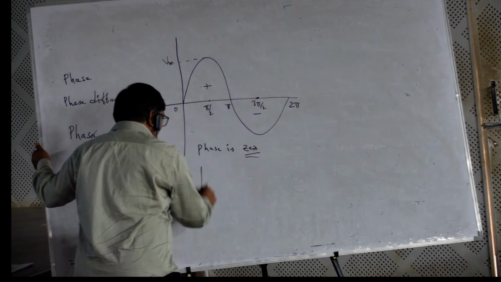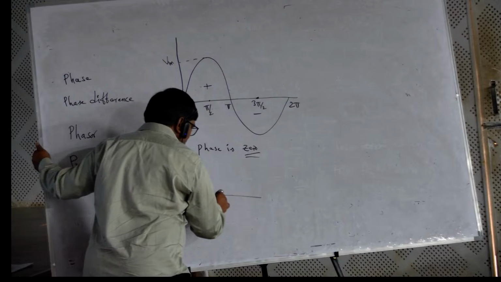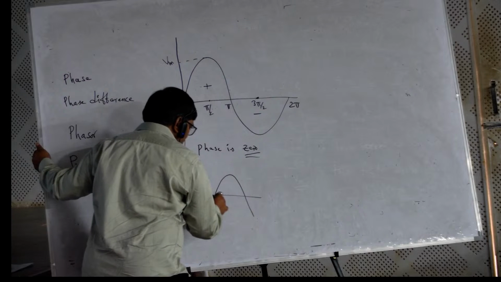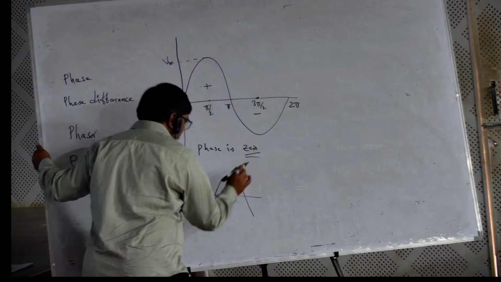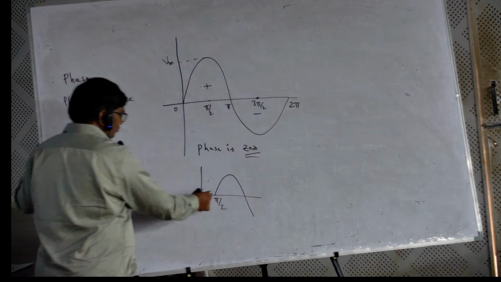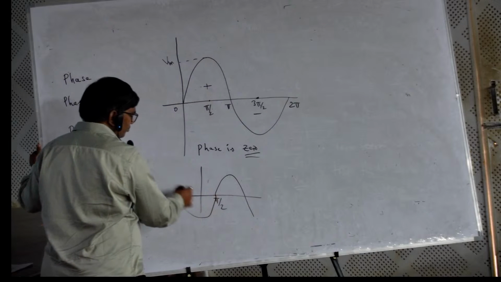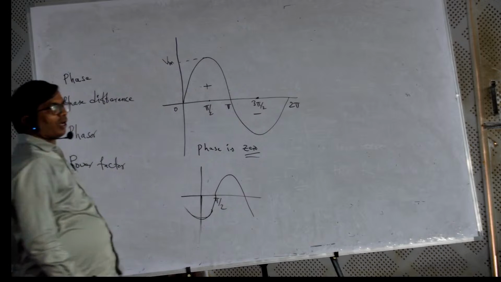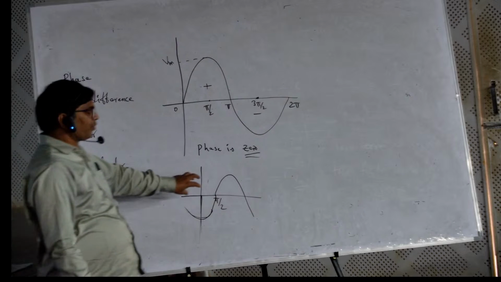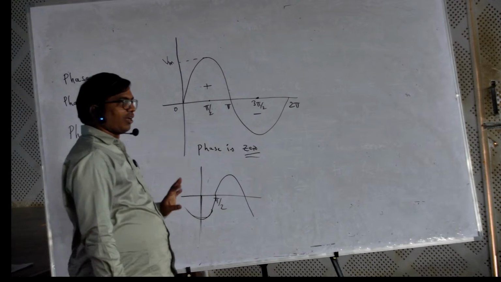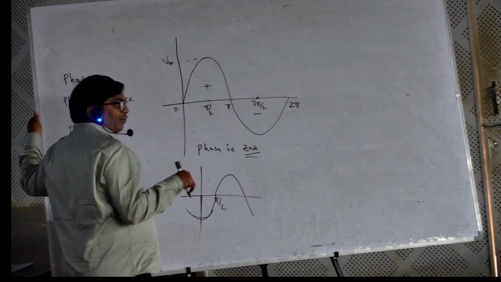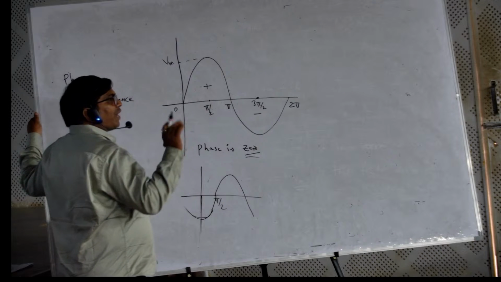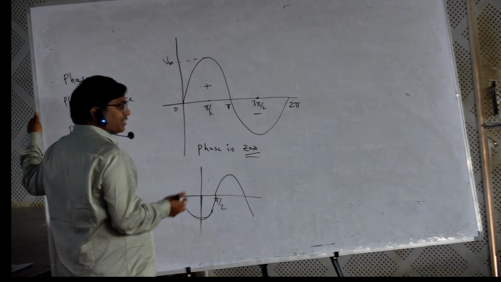For example, I am drawing another wave. Now you can better understand here. It is the distance of the wave with respect to the x-axis from the origin.